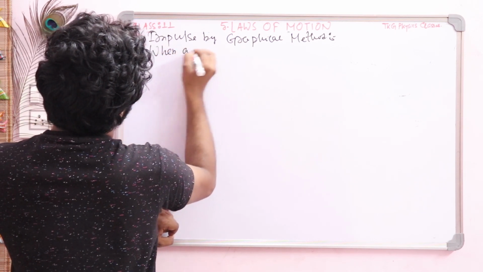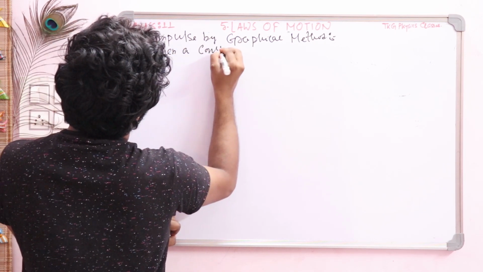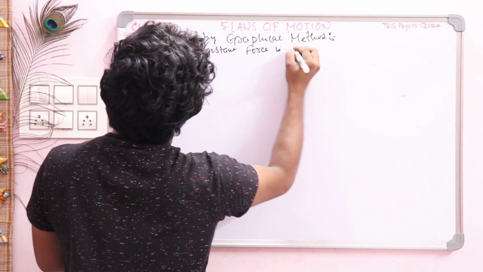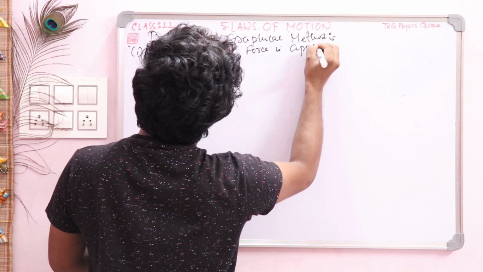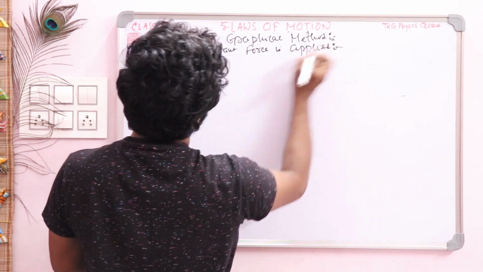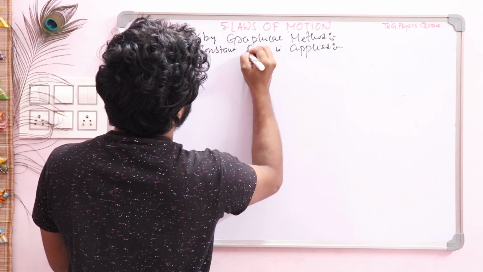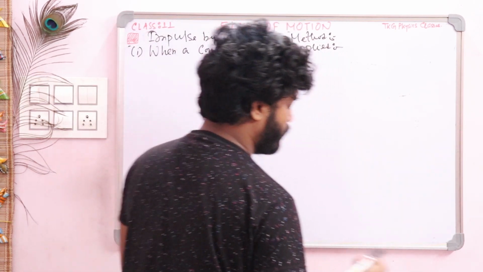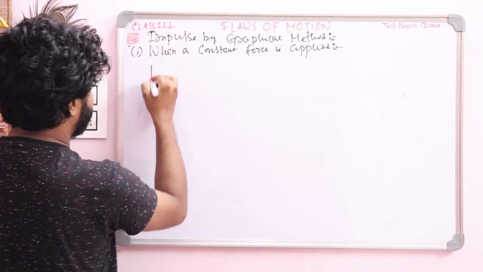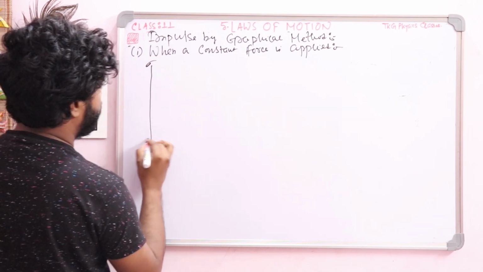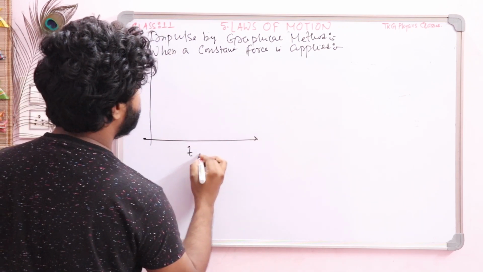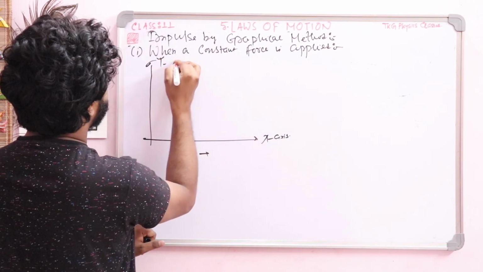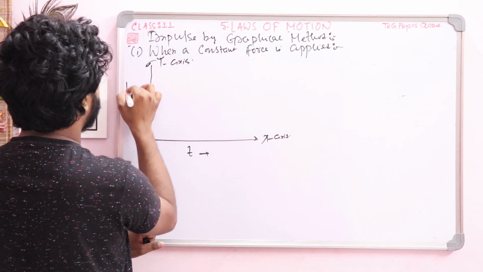When a constant force is applied. So at first you draw the graph. The x-axis is represented by time, and the y-axis is represented by force.